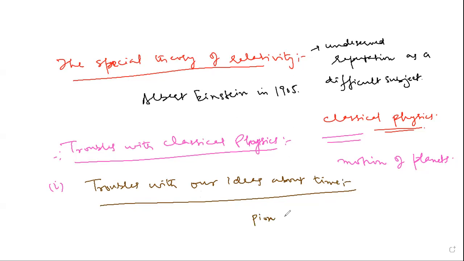So pion is a particle, symbolized like this: pi positive or pi negative. It can be negatively charged, it can be positively charged. Now this pion particle can be created in a high energy particle accelerator.